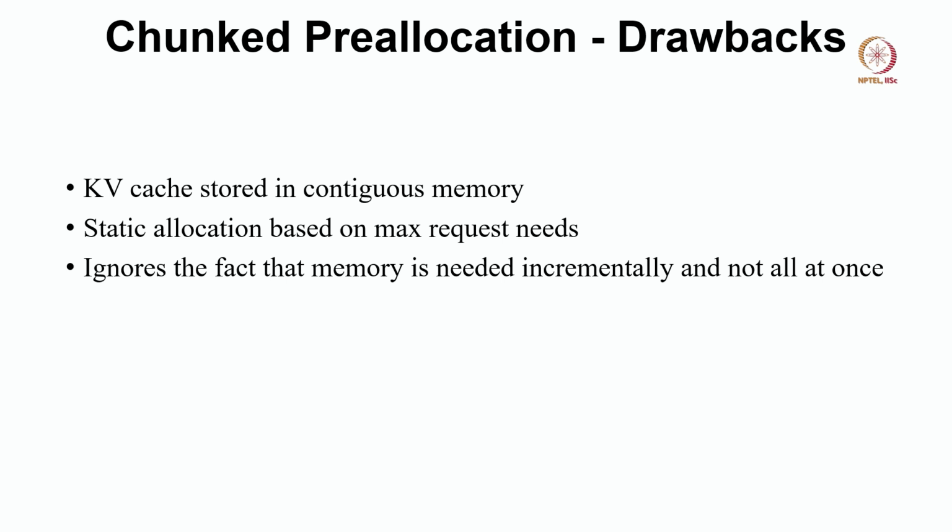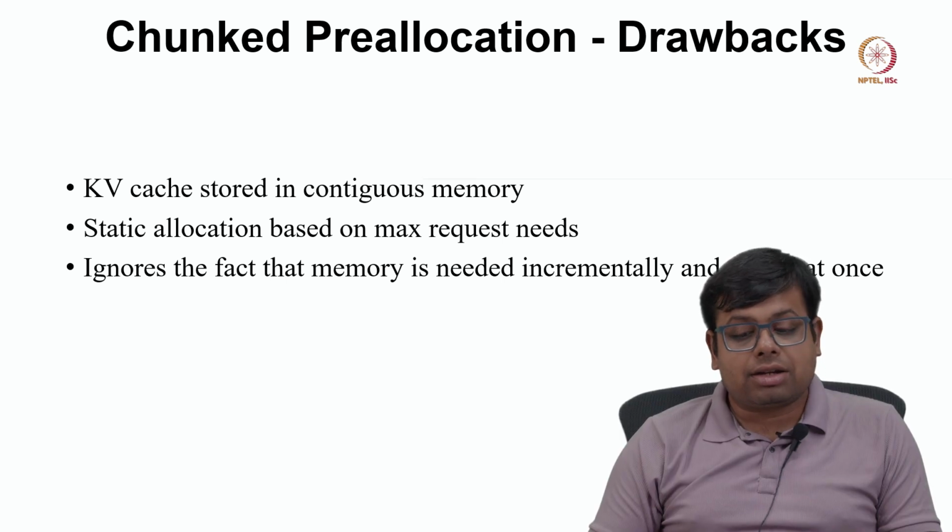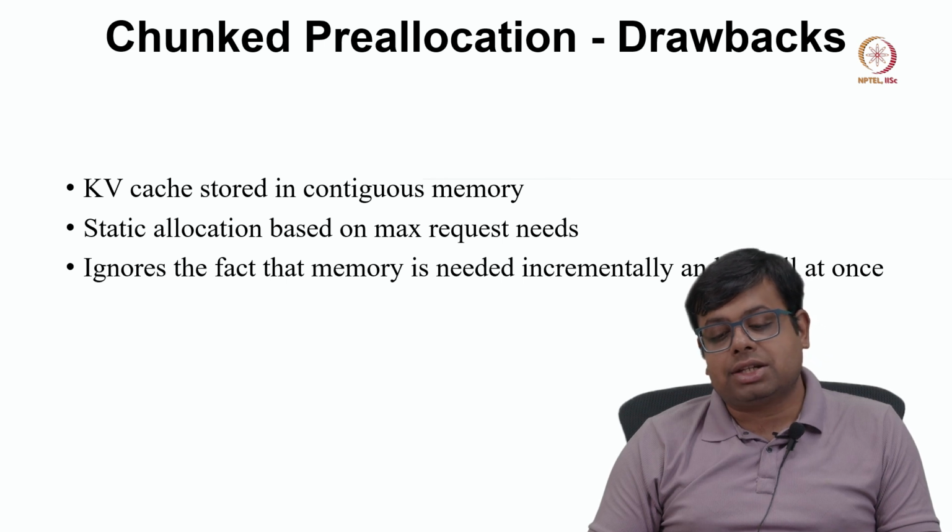Now we have seen this chunked pre-allocation. Let me summarize the drawbacks. We have discussed that the KV cache needs to be stored in contiguous memory. The static allocation based on maximum request needs results in internal and external fragmentation, and this pre-allocation ignores the fact that memory is needed incrementally and not all at once.